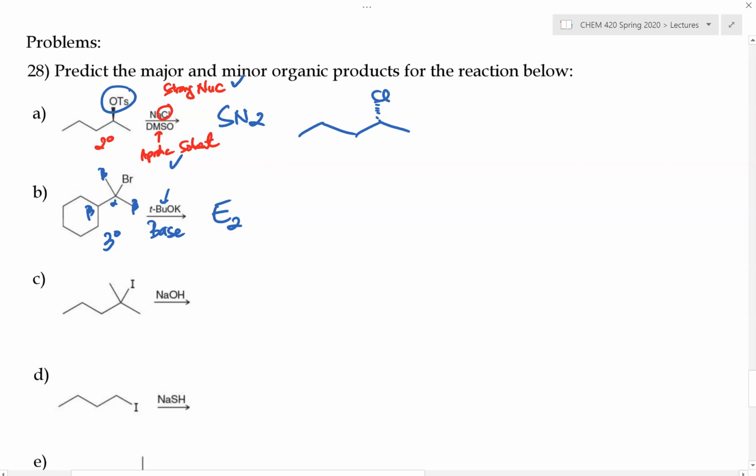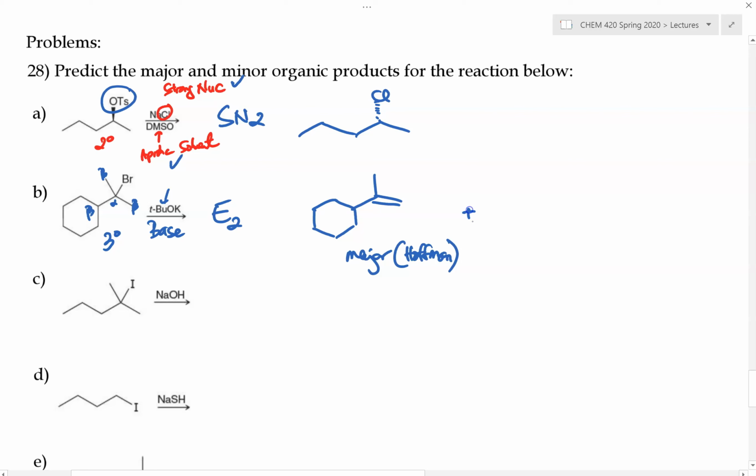But to determine which one is the major product, we have seen already that since this is a bulky base, it would favor the Hofmann product, or the terminal alkene. And that would be the product of this reaction. And this is the Hofmann product.